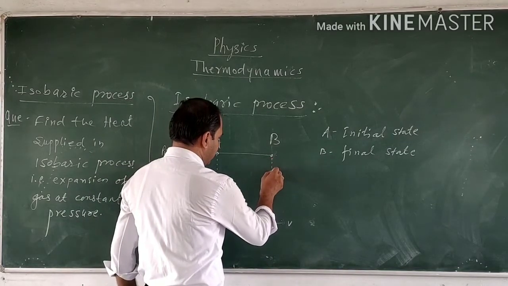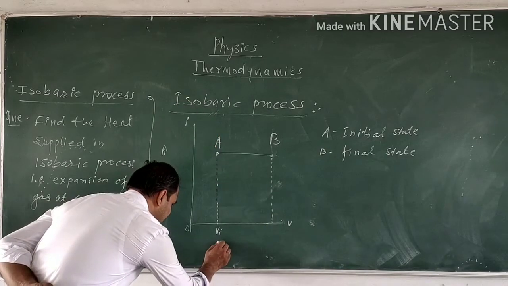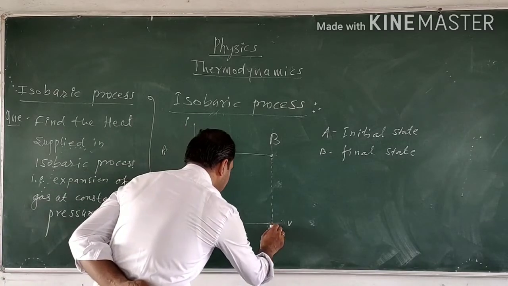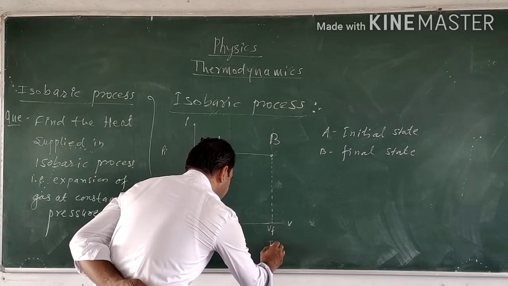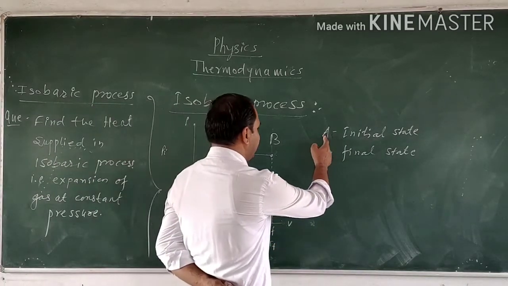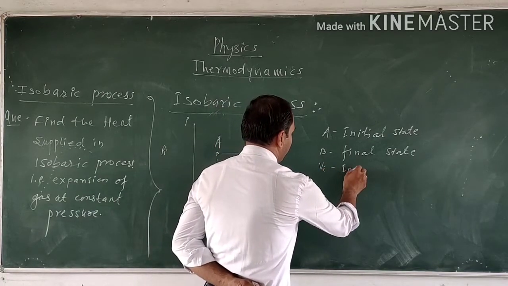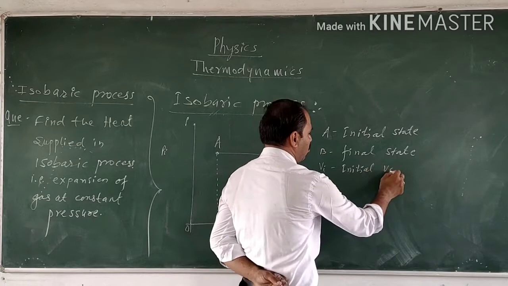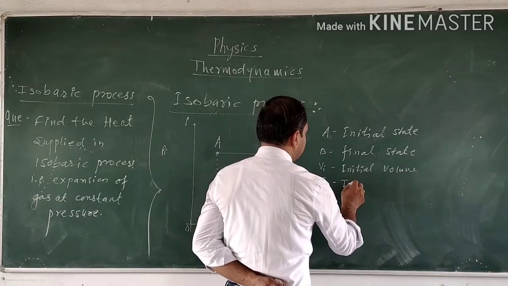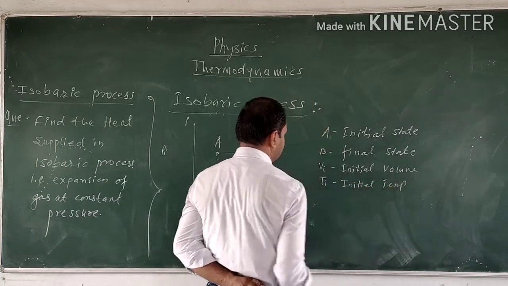During this, the temperature of the gas changes from Ti, the initial temperature, to Tf, the final temperature. Here Vf is the final volume. At this point A, Vi is the initial volume, Ti is the initial temperature of the gas.